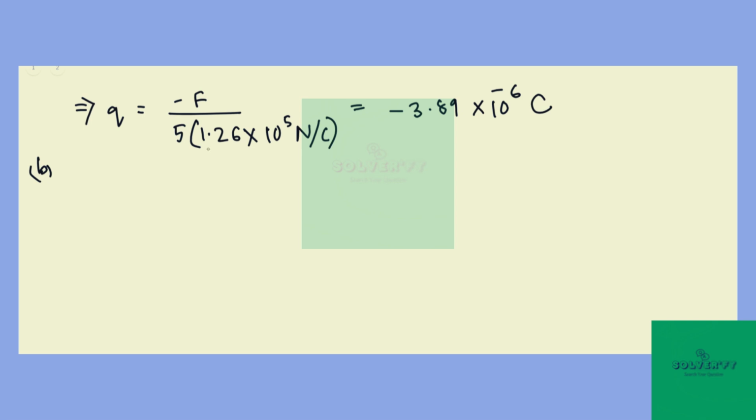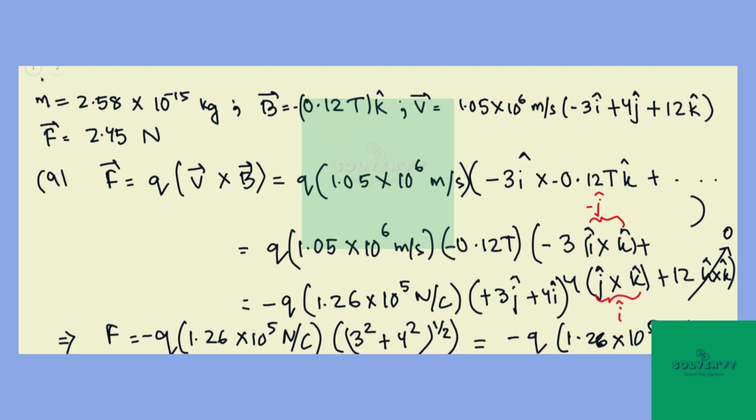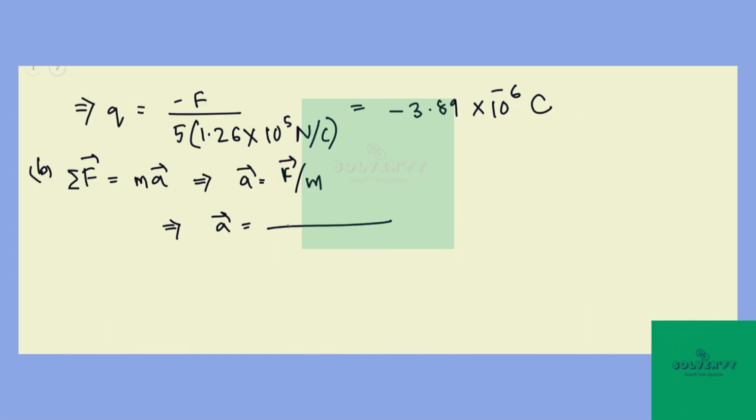we are going to use Newton's second law to relate force with acceleration, and we know that the summation of all forces, or you can say the net force, is equal to mass times acceleration, and this gives a equals the magnetic force over m, which is the only force in this case. And from here we can write the a vector equal to, so we are going to use the force that we found here.